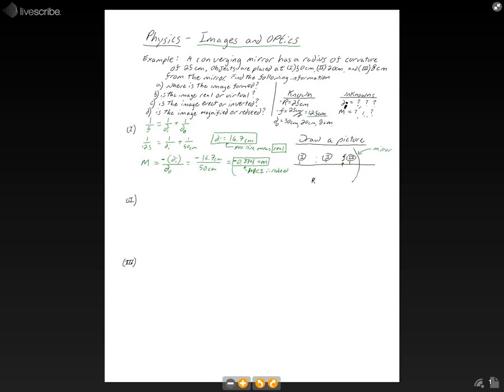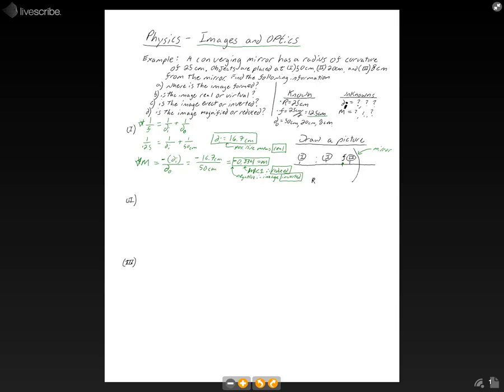And then the negative means the image is inverted. So basically, this problem is just applying these two formulas again and again. These two. Okay. So reduced, inverted.